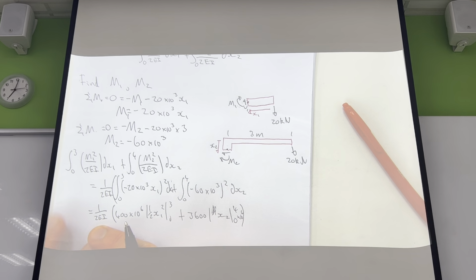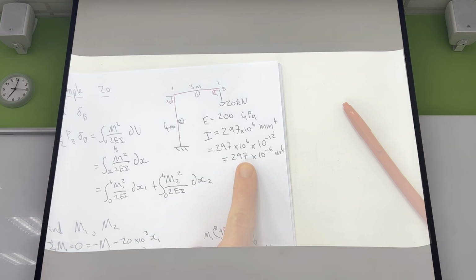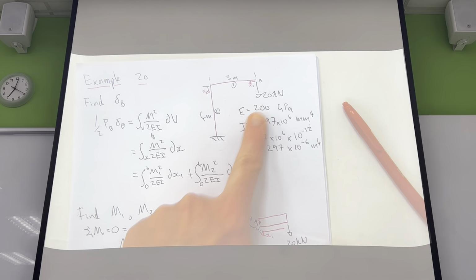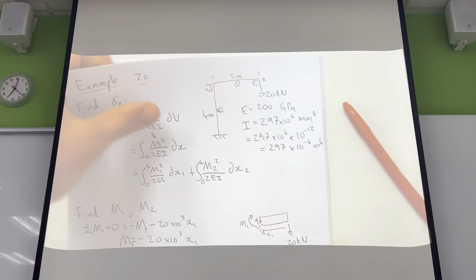We know what the value of E is. We have I and E is 200, so we can just solve for that.